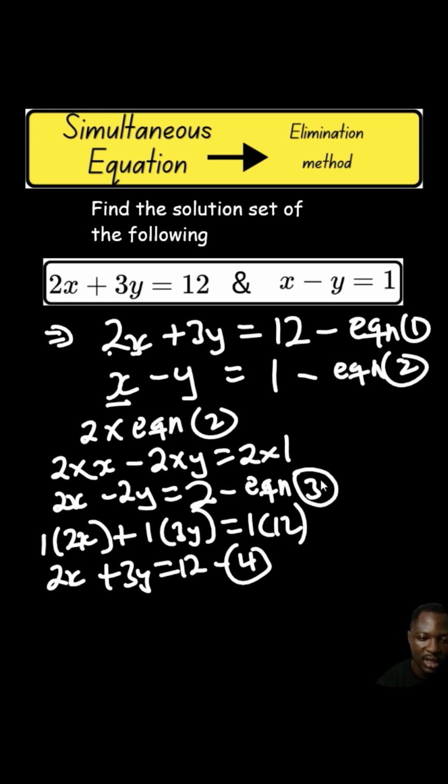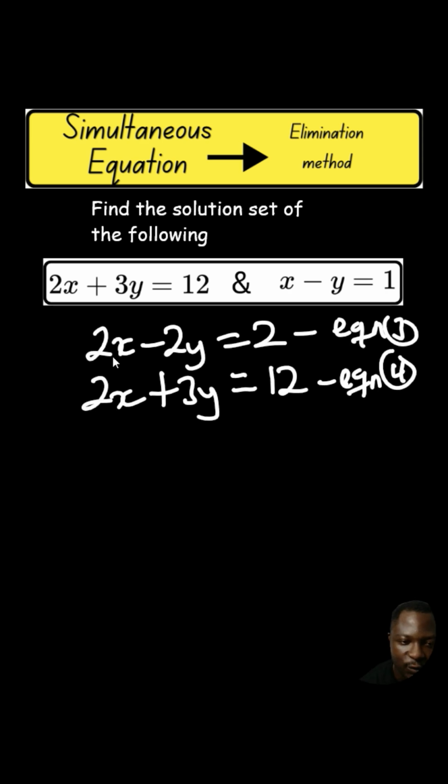Now let's consider equation 3 and equation 4. We can see that the coefficient of x in both equation 3 and equation 4 is the same, which is 2. Now we can start doing the elimination. We have 2x minus 2y equal to 2, which is equation 3, and 2x plus 3y equal to 12, which is equation 4.